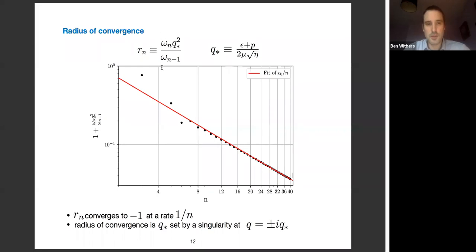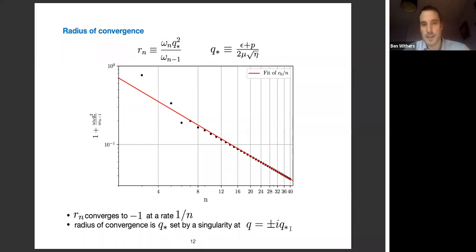So in other words, the radius of convergence of this series is finite, and it's set by Q star. So this Q star is the radius of convergence of this shear mode dispersion relation. The origin of this radius of convergence is a singularity that appears not at Q star, but at plus or minus i Q star.